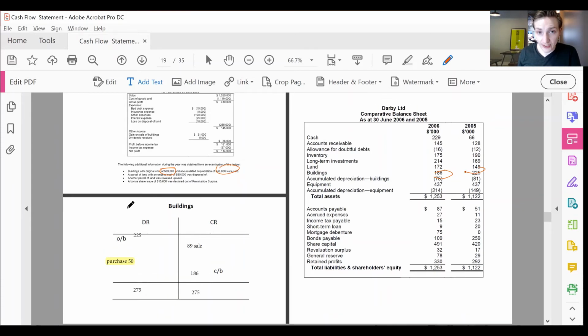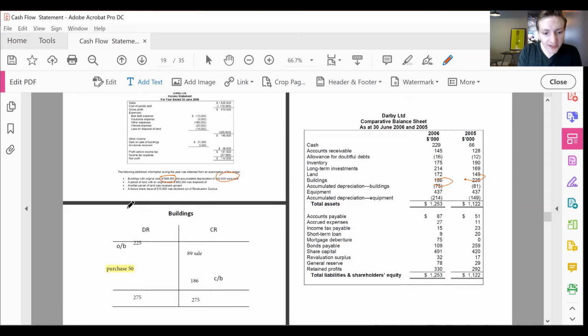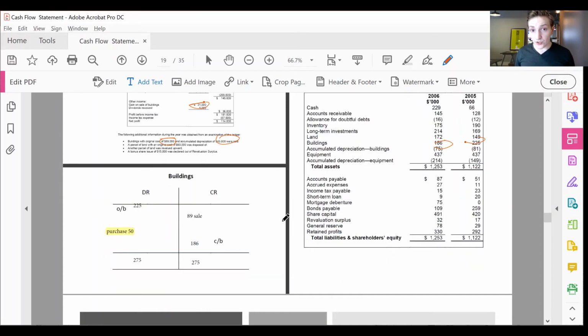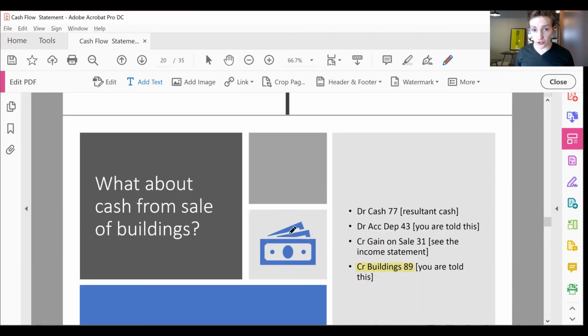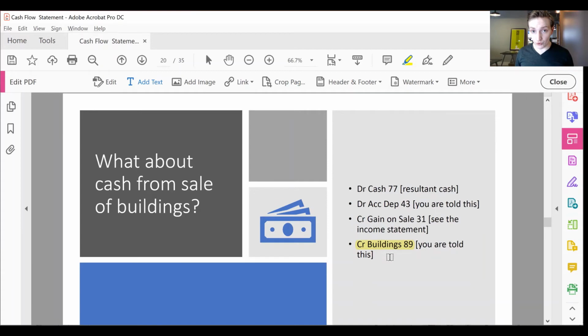We can also look at our income statement. In the income statement, we were told there was a gain on the sale of buildings of 31K. That means you'll get a credit to gain on sale of 31,000. So we can start to put together our journal entries. Initially we have the credit to buildings. We have a credit to gain on sale of 31. This is from the income statement.